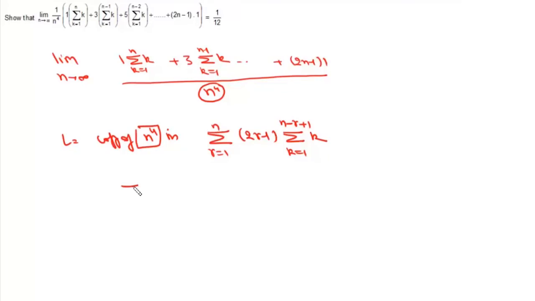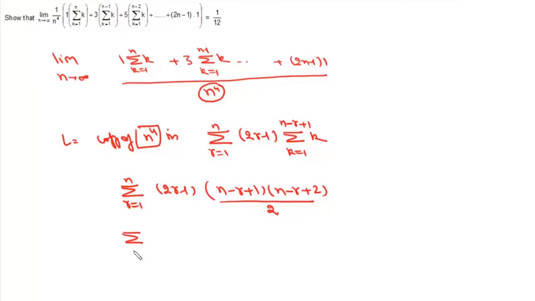Now this is the summation r varies from 1 to n of (2r minus 1), and here it will be (n minus r plus 1)(n minus r plus 2), whole divided by 2.